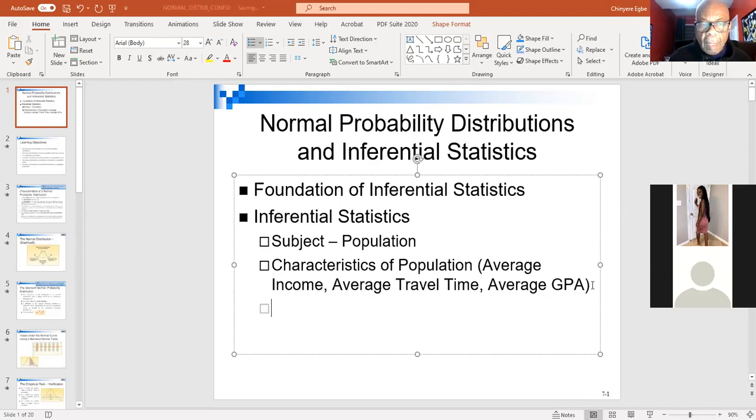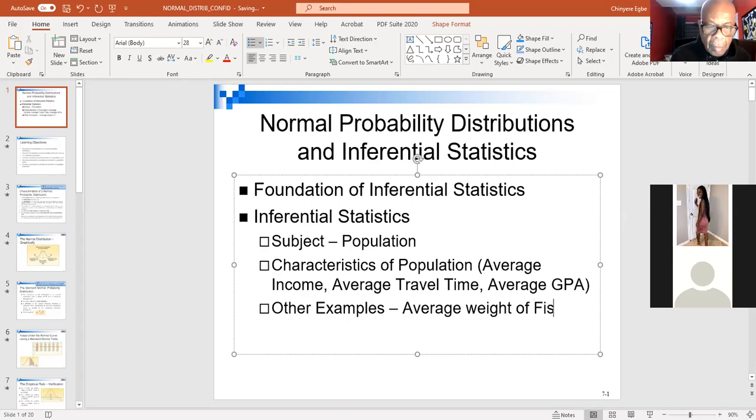Okay. So let me look at other examples. The average weight of fish in a fish pond. All right. What is the average weight of fish in a fish pond?